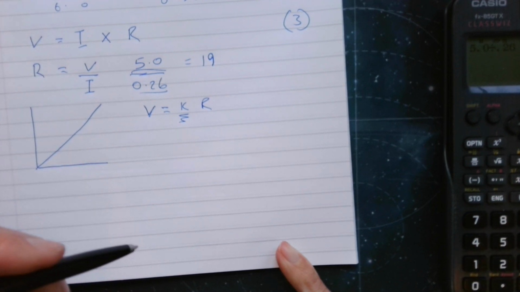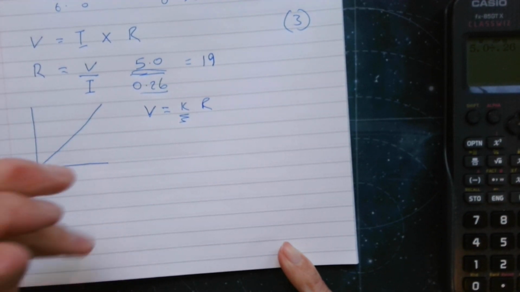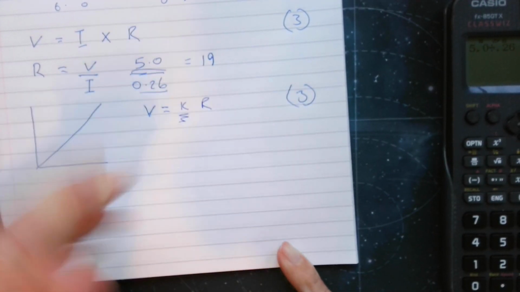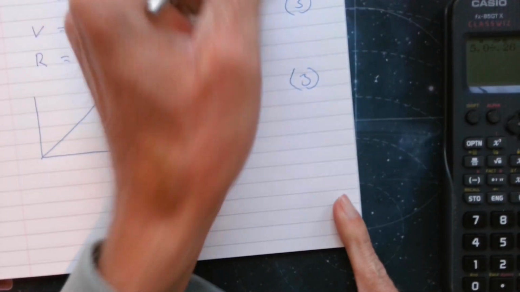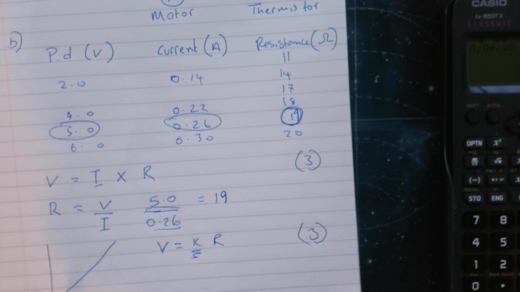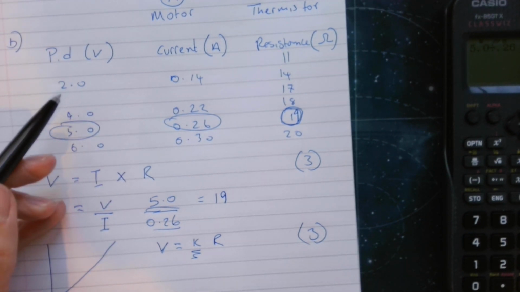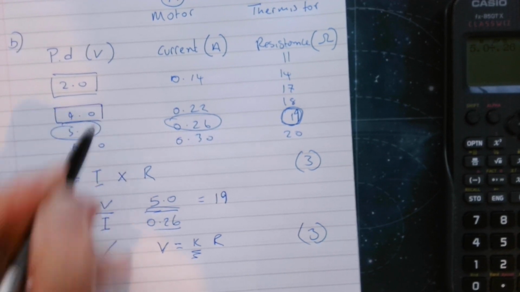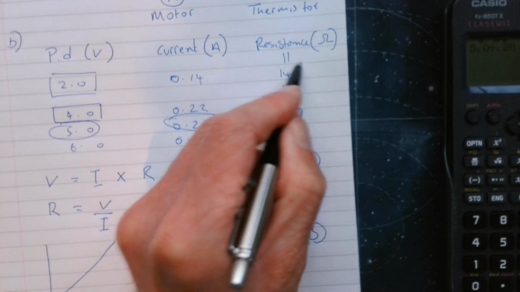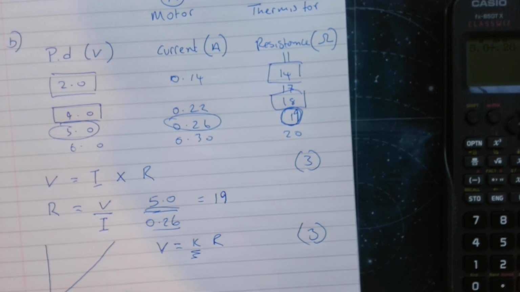Now, we've got a 3-mark question, and we essentially need to say whether the relationship is directly proportional by looking at the data that we had earlier. So what we'll do is we'll take a bit of data. For example, let's double potential difference and see what happens to the resistance.